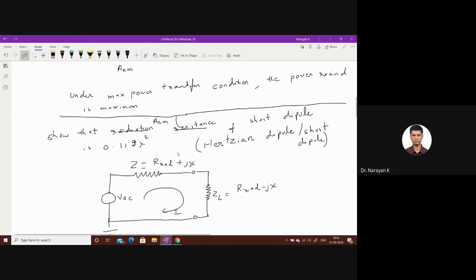So I have written here maximum effective aperture.